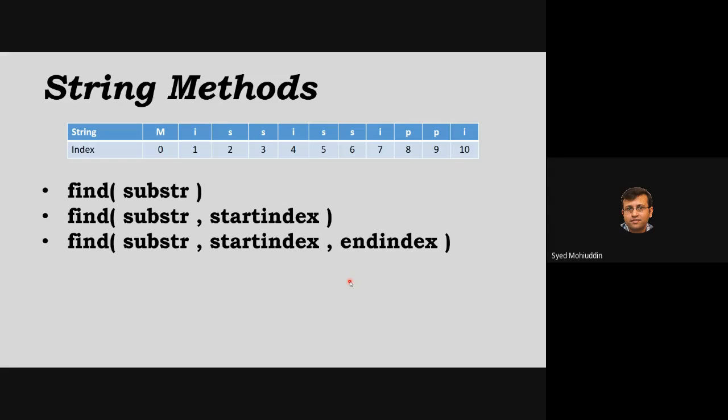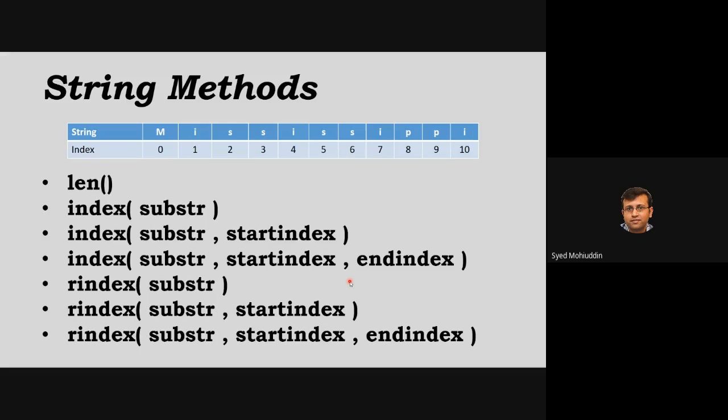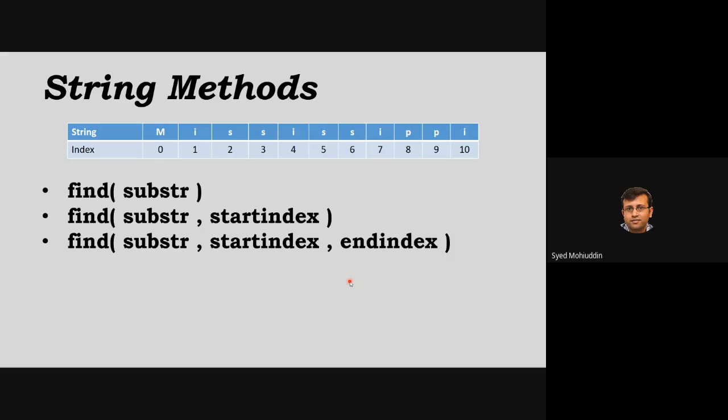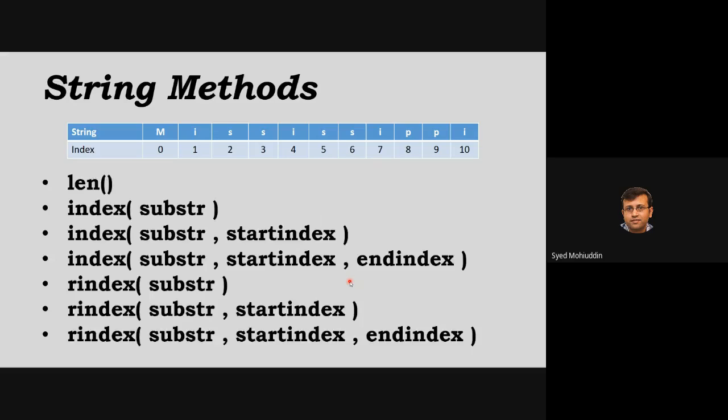Now the difference between index and find is that both return the indexes, but if the substring is not found, index will raise an exception, it will raise a value error. It will not return -1.